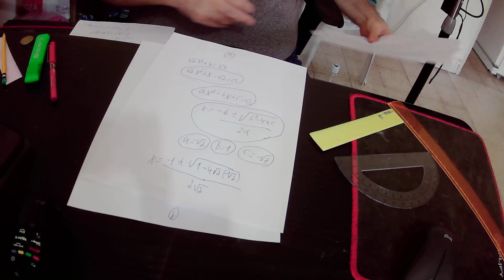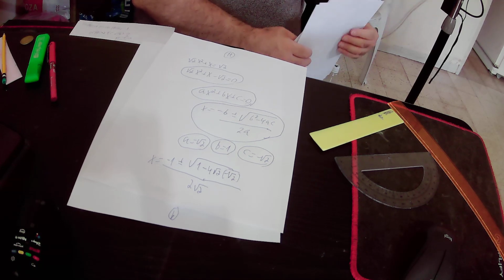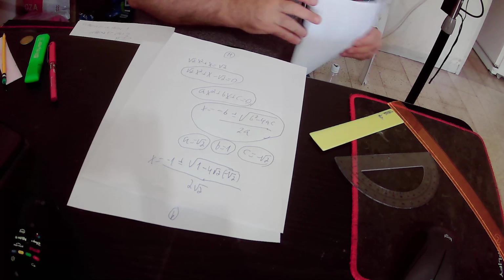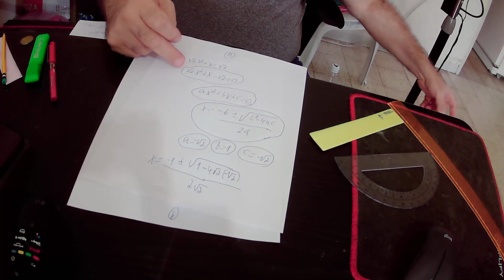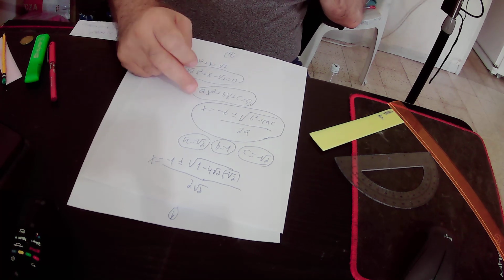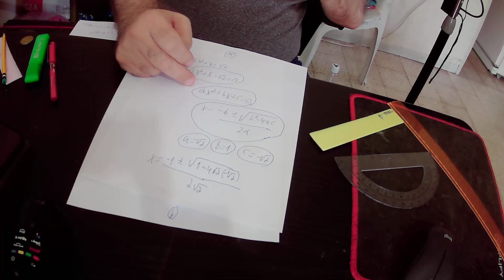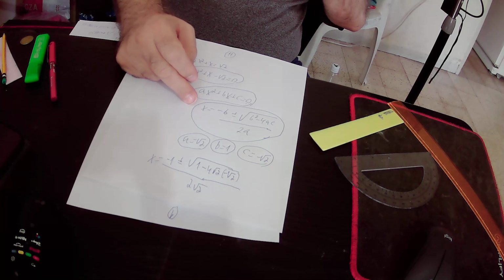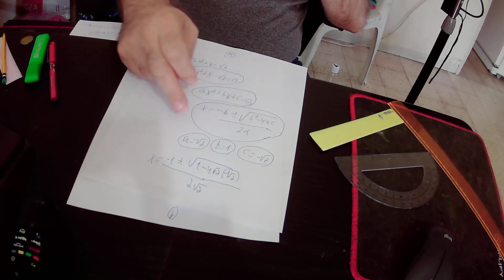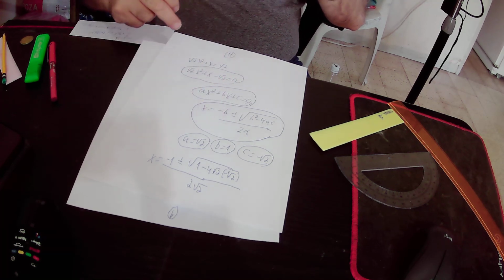And in this quadratic equation, we know that the coefficients are a equals root 2, b equals 1, and c equals minus root 2. This is the formula for a general quadratic equation, and the solution to this quadratic equation is this solution. So we can substitute a, b, and c by the values that we found.